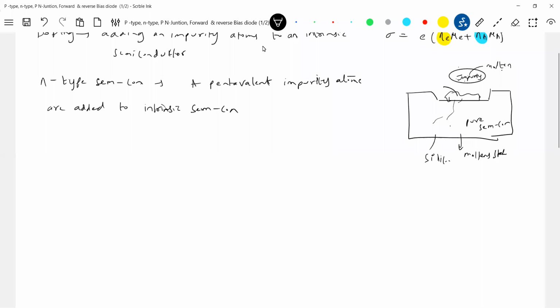What are pentavalent impurity atoms? Like we have arsenic, antimony, and phosphorus. These are pentavalent.